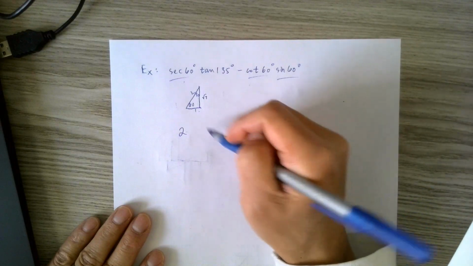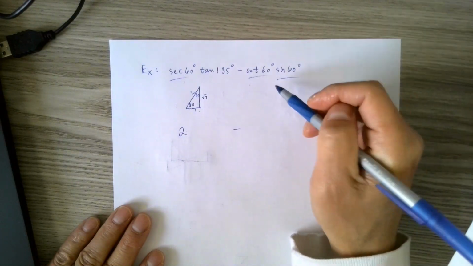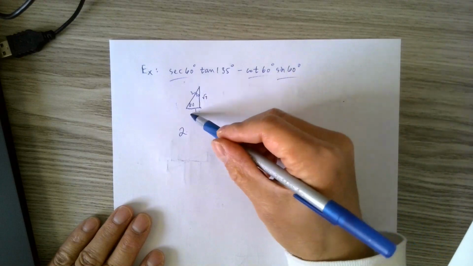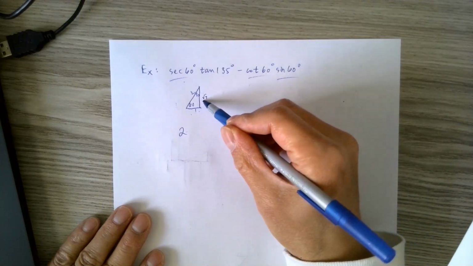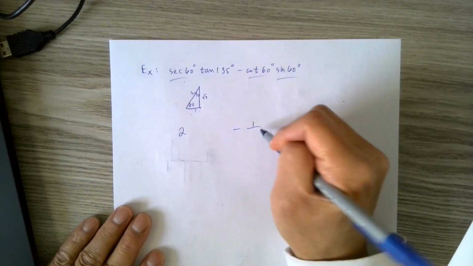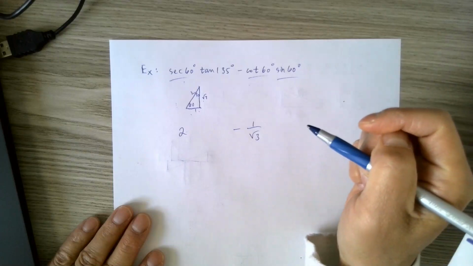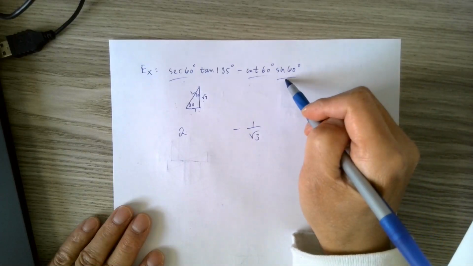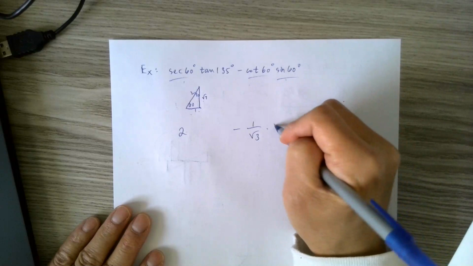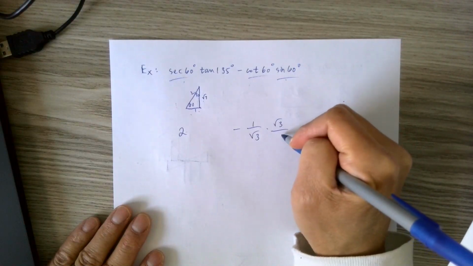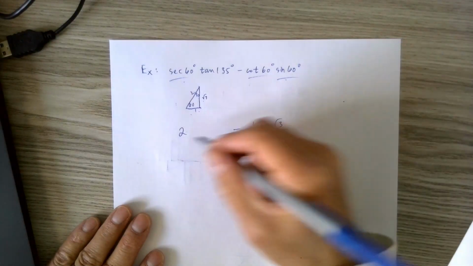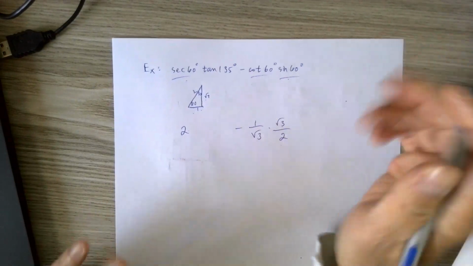And I'll get the tangent 135 in a minute. Cotangent 60, so that's adjacent over opposite, so 1 over rad 3. Sine, we just did that one, rad 3 over 2. And all three of these are going to be positive because we're in quadrant 1.